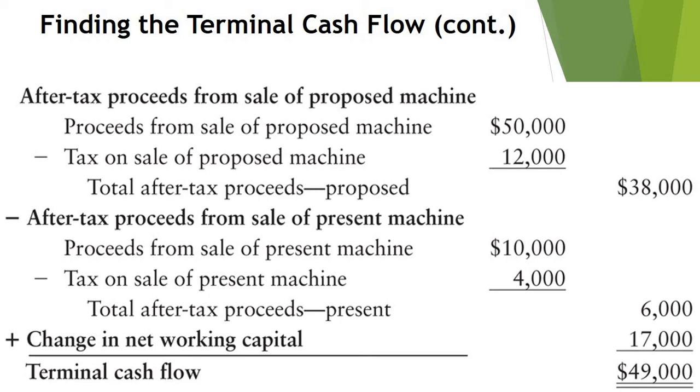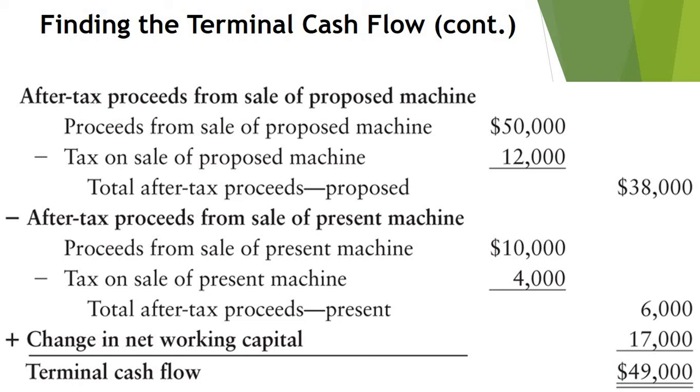So the tax will be counted on this $10,000 at 40%. The gain is simply the $10,000, as the book value of the present machine was 0. So the tax on proceeds on sale of the present machine is $4,000. That's 10,000 times 40%, $4,000. So total after-tax proceeds from the sale of the present or old machine is $6,000.